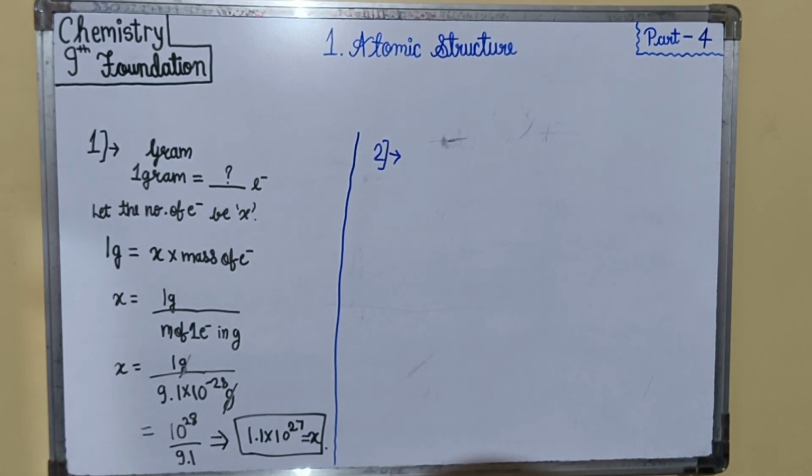Hint is given that gram atomic weight of any substance contains 6.023 into 10 raised to 23 atoms.